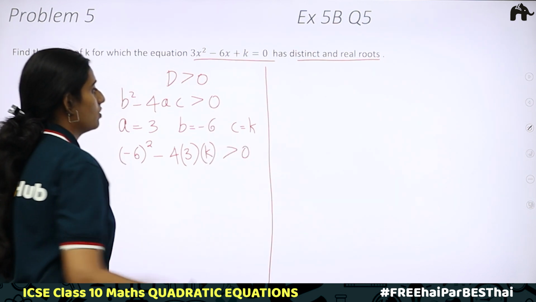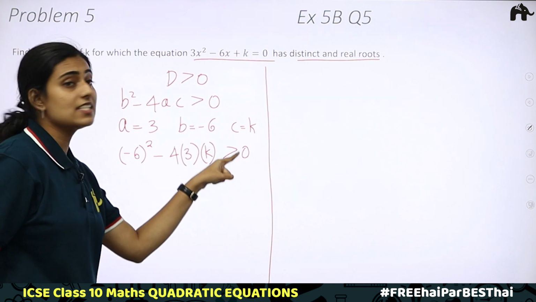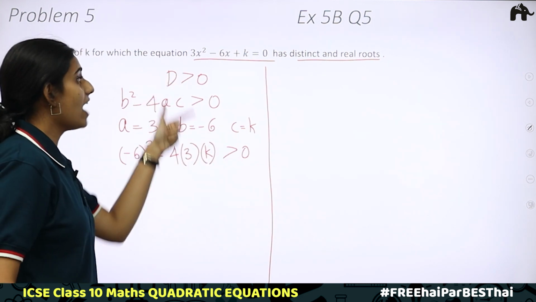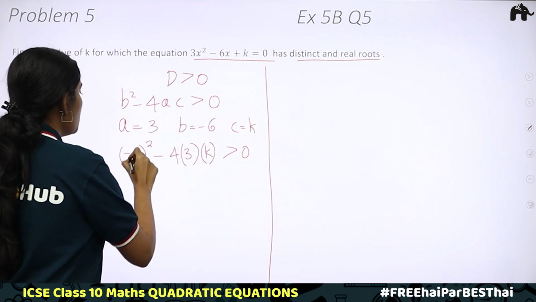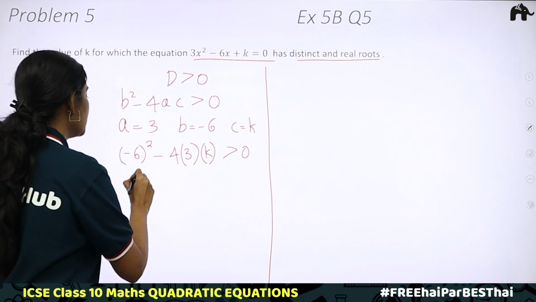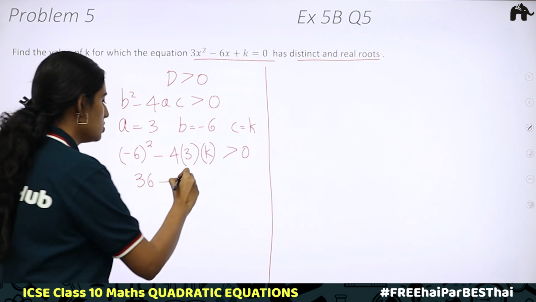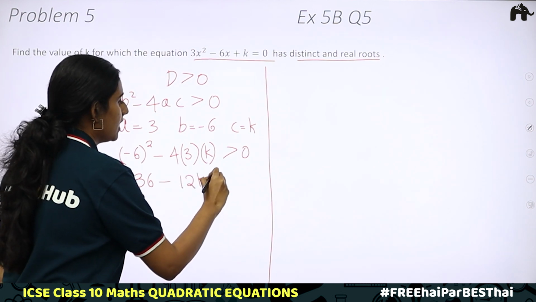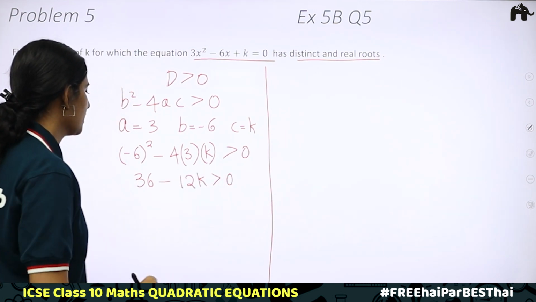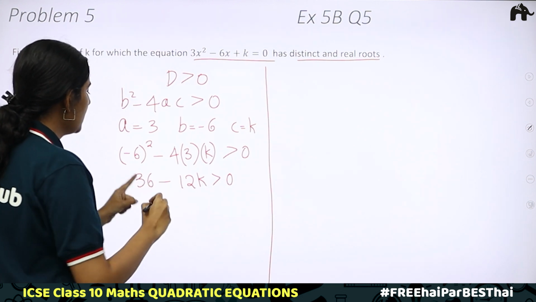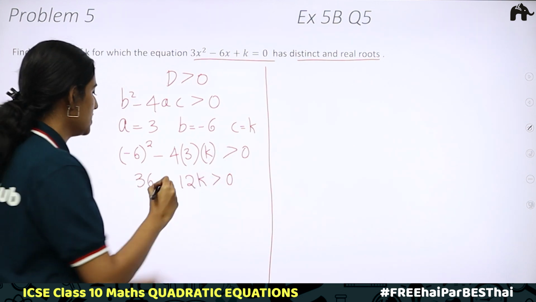Greater than 0. Not equal to, it is greater than, because here we have distinct roots. (Minus 6) whole square is 36 minus 4 into 3, 12k, greater than 0. Now we can take this 36 to the opposite side.